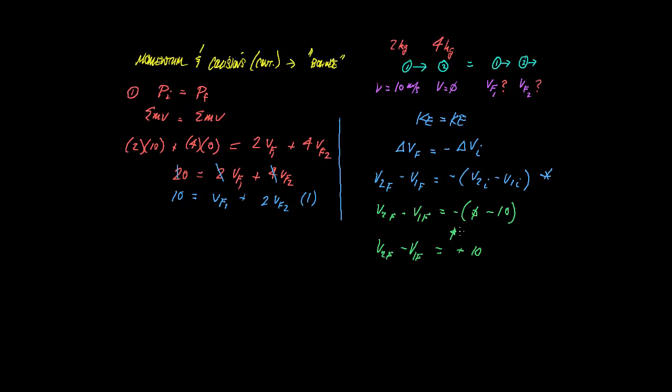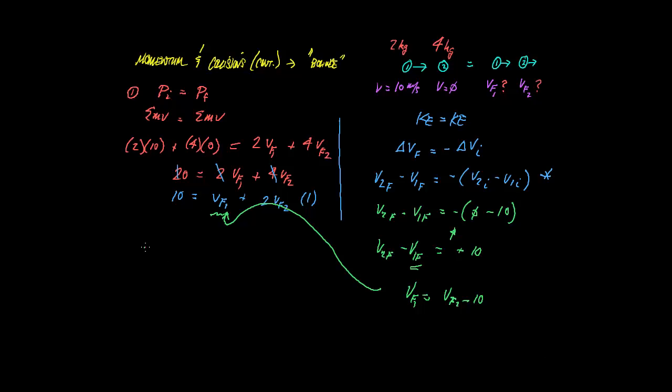Alright, so real quickly, I want to substitute this equation back into this one. What I'm going to do is solve for v final 1. v final 1 is going to equal v final 2 minus 10, and then I'm going to kick that in right there. The reason I solve for that is because it has a 1 as a coefficient, so I don't have to multiply it by anything.